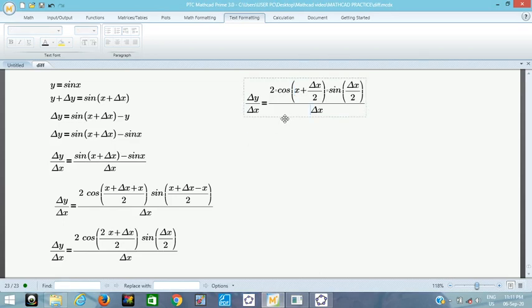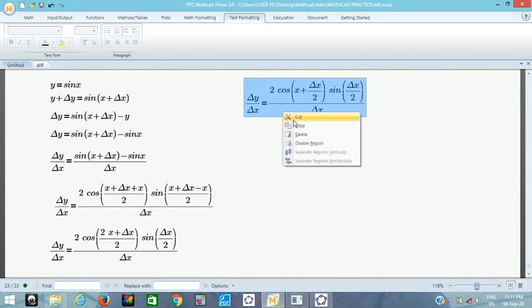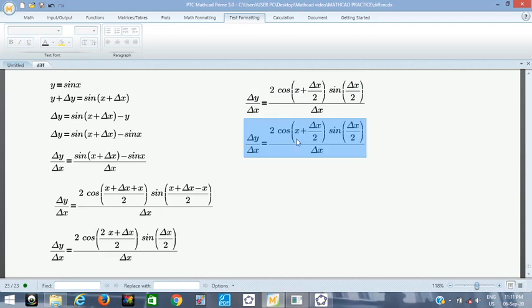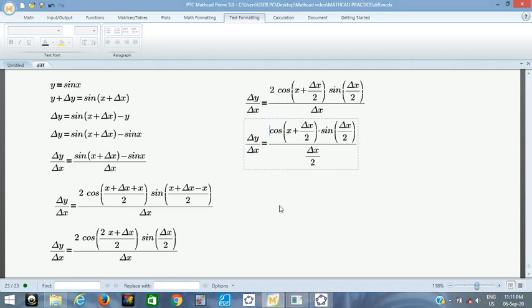Then to end up our differentiation now, what are we going to do? You discover that this 2 can leave this place and become the denominator of delta x. It's just a kind of reverse process. I hope you understand what I did here.